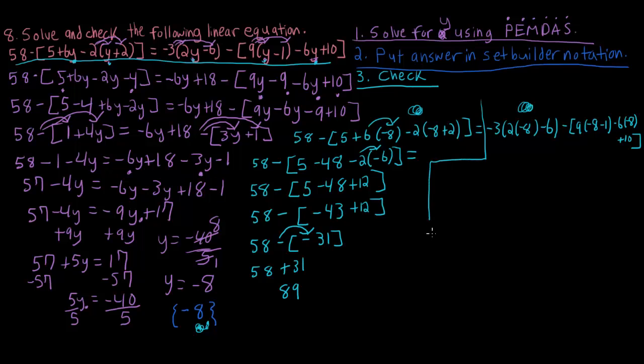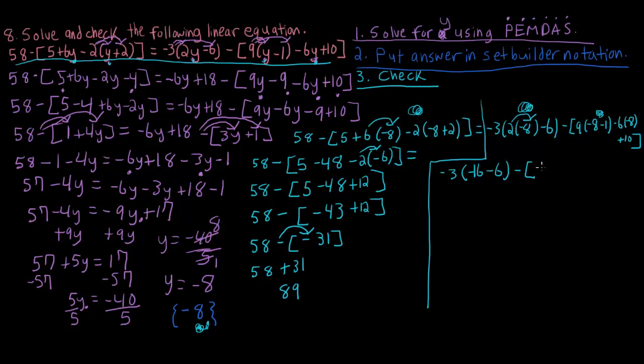And actually, let's try to give ourselves a little more room here. So with the right side of the equation, we have negative 3 times, all right, 2 and negative 8 we can multiply, so that gives us negative 16, and then minus 6, and we have all this bracket, so we have to focus inside the parenthesis.